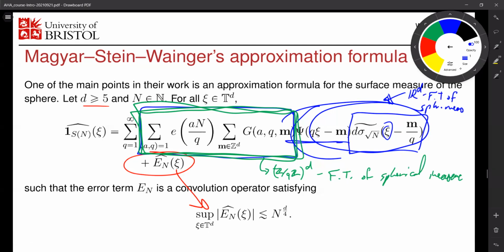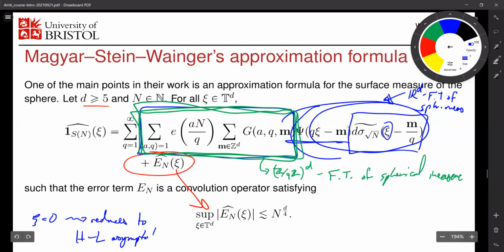And you actually get a sum over all the possible moduli. Again, that's up to some error term. And when you take C equal to 0, it reduces to the Hardy-Littlewood asymptotic. So it's an honest generalization.